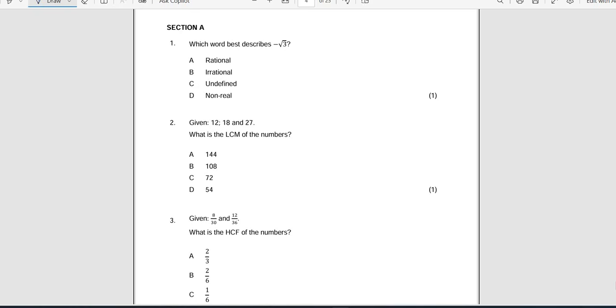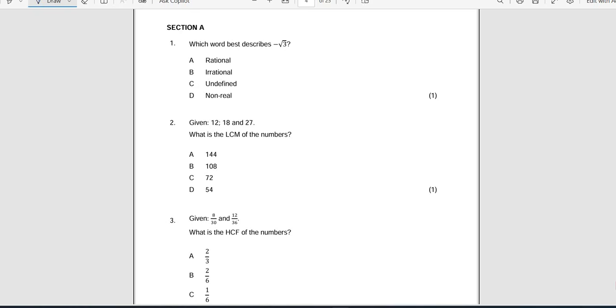No. Natural numbers, whole numbers and integers all fall under rational numbers, any number that can be written as a fraction. So rational is out. What about irrational?